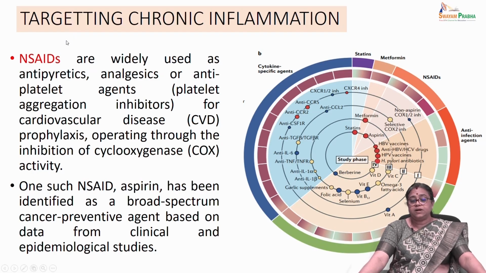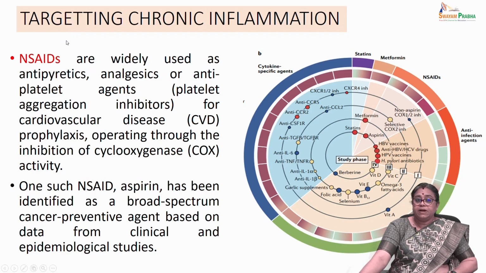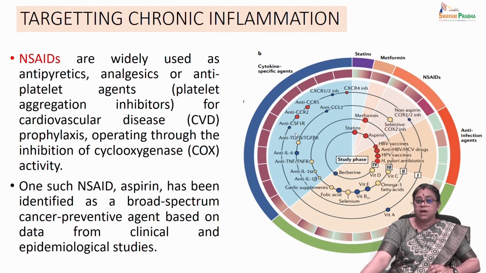So after targeting the MDSCs, next we come to targeting chronic inflammation. As we all know, any chronic inflammation is conducive to oncogenesis, conducive for tumor formation. Inflammation is something that we always need to pay attention to. We all know non-steroidal anti-inflammatory drugs are widely used as antipyretics, analgesics, antiplatelet agents.